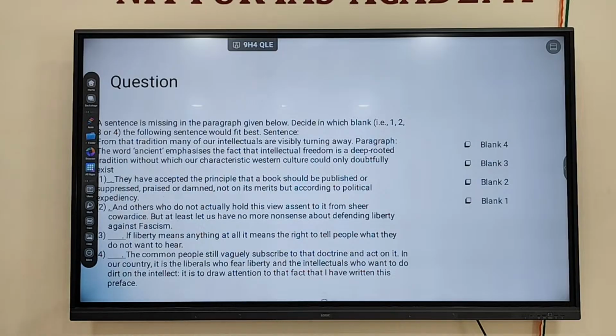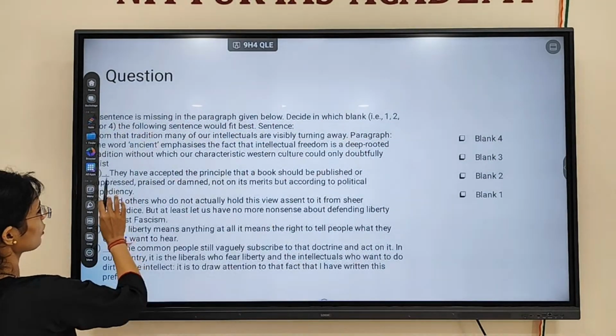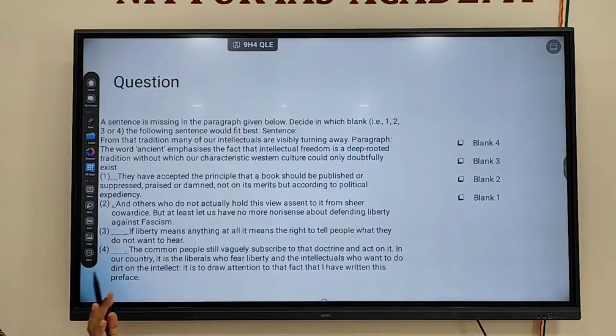Okay, now they are saying that they, here they means the authors, have accepted the principle that a book should be published or suppressed, not on its merit but on political grounds. So if the political view is, I must say, a racist view, none of the political governments are racist, still I'm giving that example.